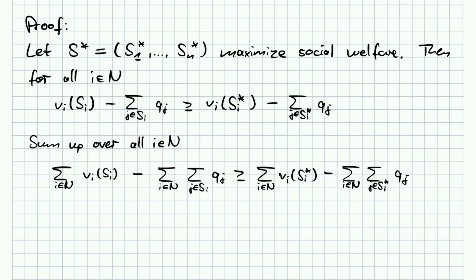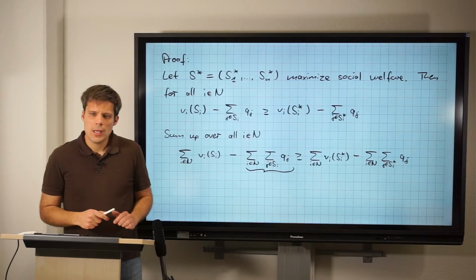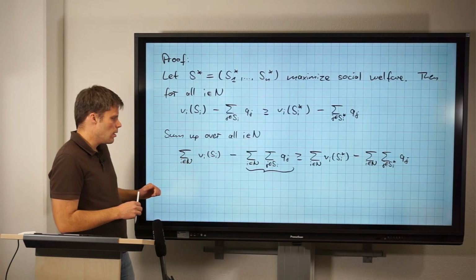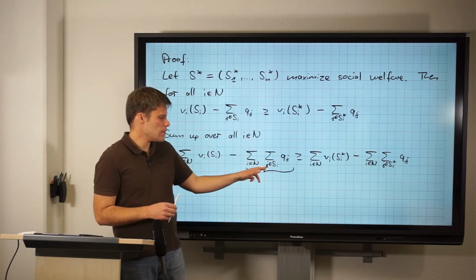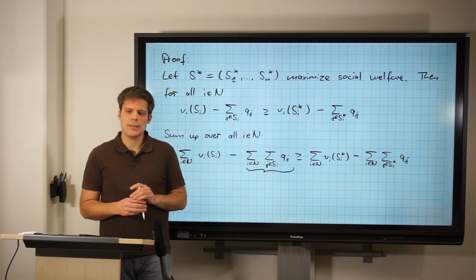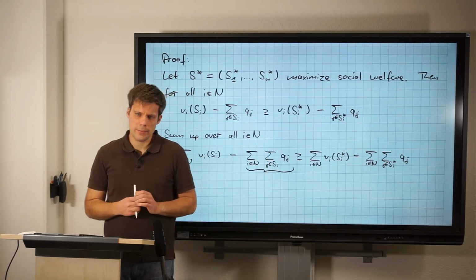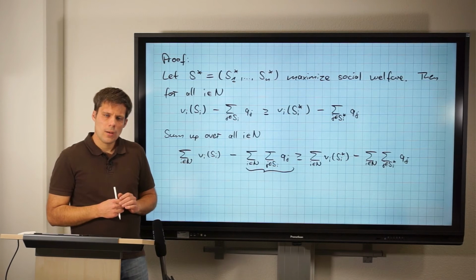What do we now know about these sums here? This is a sum over all players and then over the set of items that they're getting, summing up all the prices. Which items are we summing over?